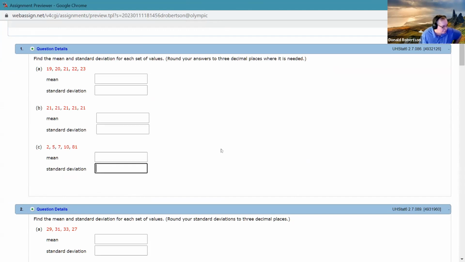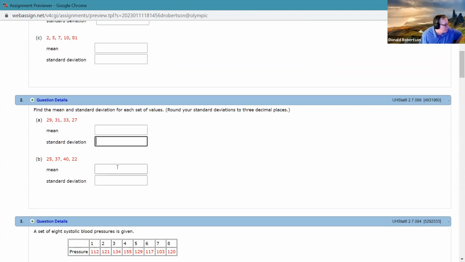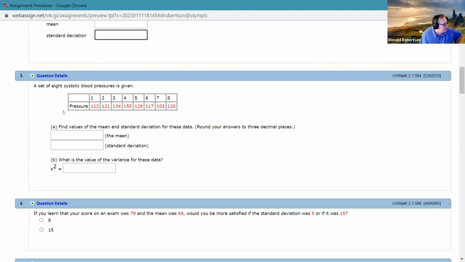For these questions, you're only calculating what they ask you to calculate. In this case, the data is just put in the form of a table, but it doesn't really change anything majorly. So I'm going to do that as my example. In question 3, the data is 112, 121, 134, 155, 129, 117, 103, and 120.